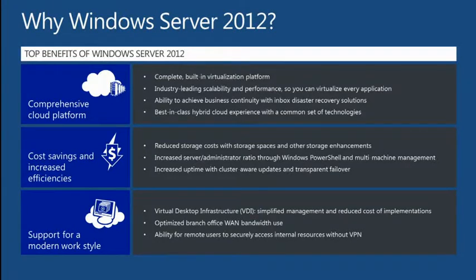But the cloud to me is not a switch. It's not on or off. To me, the cloud's a journey, right? And a comprehensive cloud platform, or what we call going beyond virtualization, is the idea of taking the core tenets of what a private cloud can provide, or what a public cloud can provide: automation. The system at 2 a.m. when something goes wrong can actually do things itself without getting you out of bed.